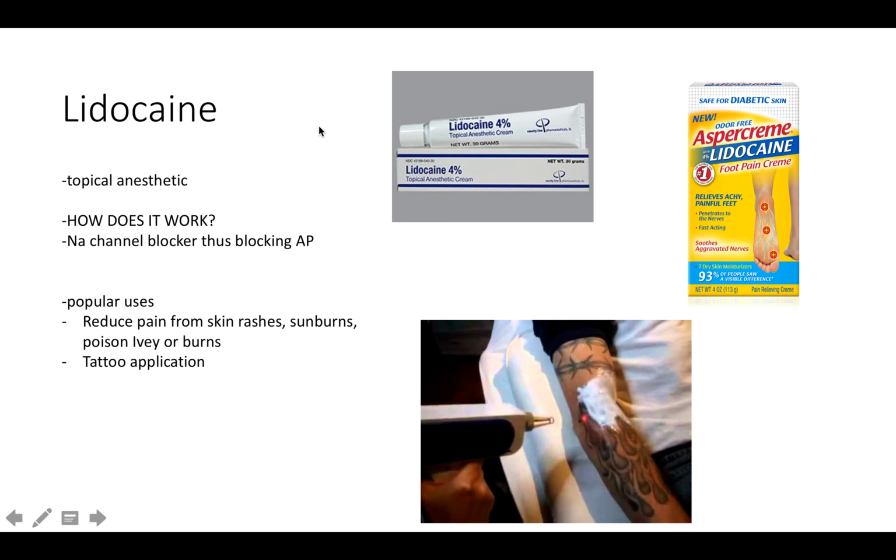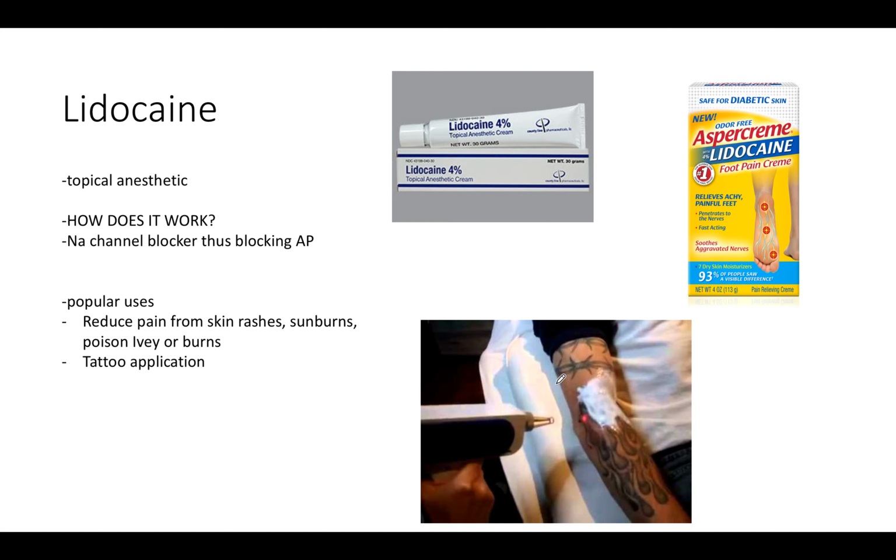What are some practical uses of action potentials? One practical use is something called lidocaine, which is a topical anesthetic applied on the skin or affected areas of the skin to reduce pain from skin rashes, sunburns, and poison ivy.